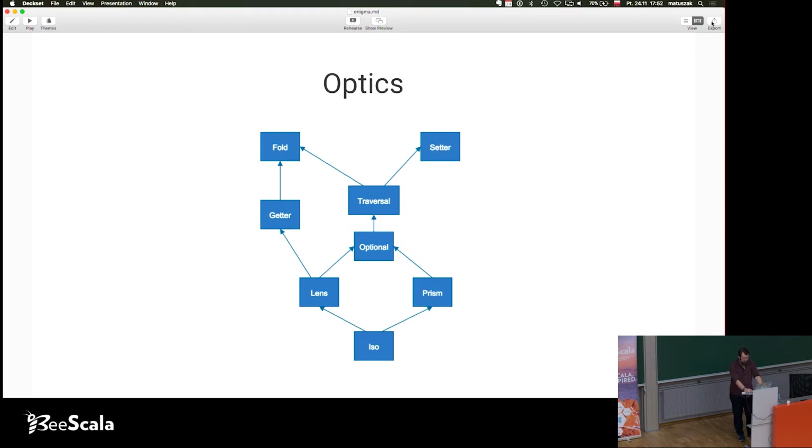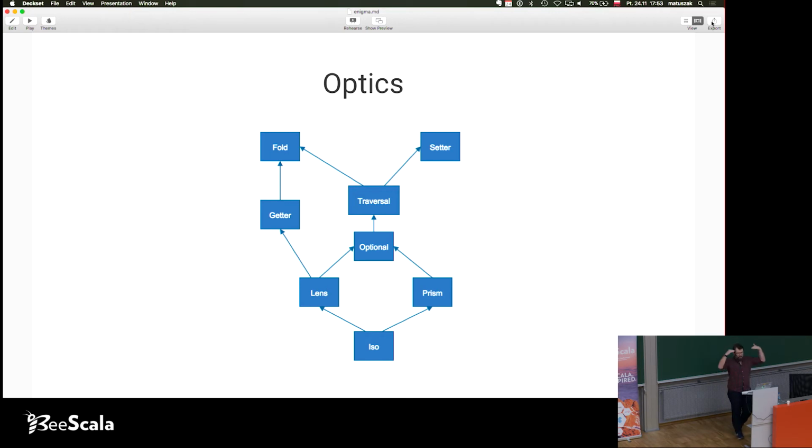From a history point of view, the first optic was a lens, but we will start with Iso. Here you have a hierarchy of optics, taken from Monocle, a type-level library for optics. And at the bottom you have an Iso.